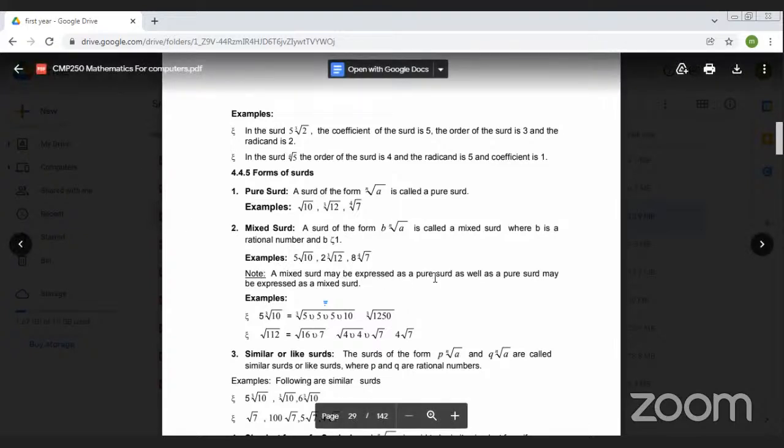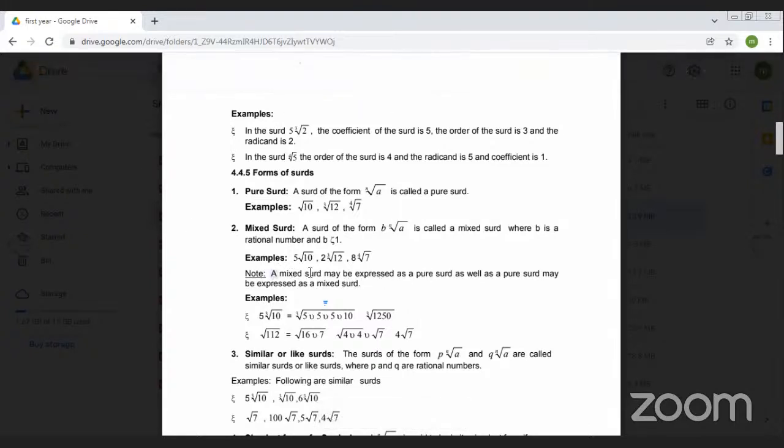A mixed surd may be expressed as a pure surd, as well as a pure surd may be expressed as a mixed surd. Why? If this is there, and B is equal to 1, or B shouldn't be equal to 1 over there.